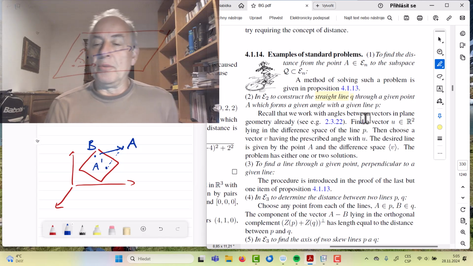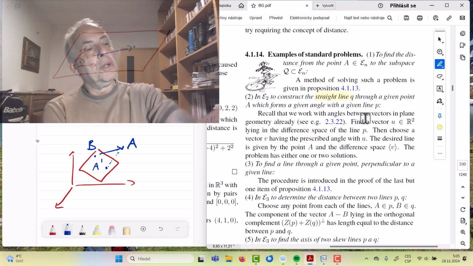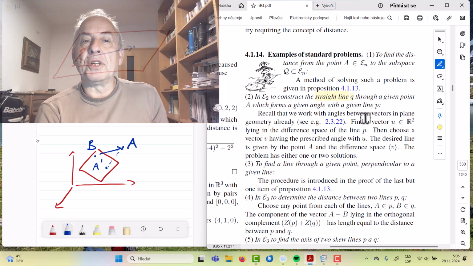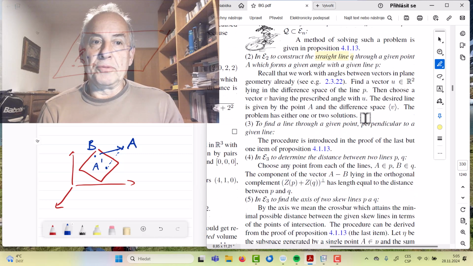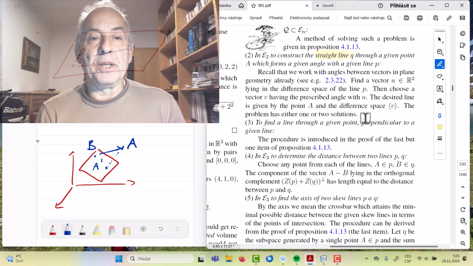That is in the plane: you have a point and you want to construct a line which cuts a given angle with another line. In 3D you can do the same with a line and some plane, etc.